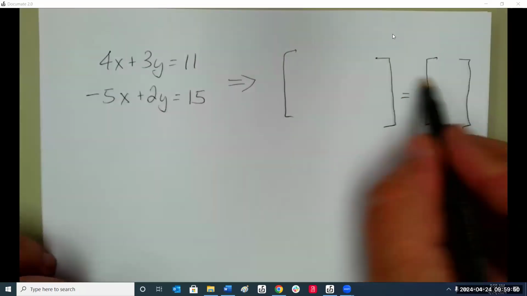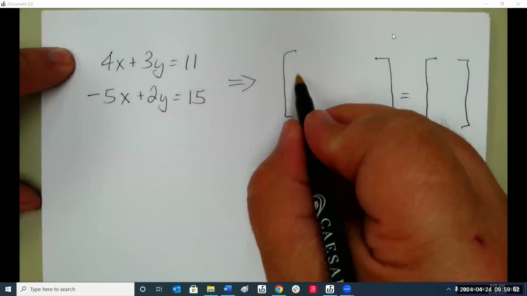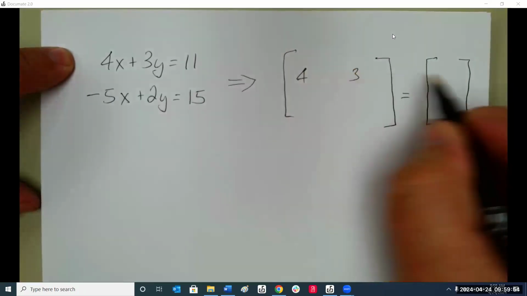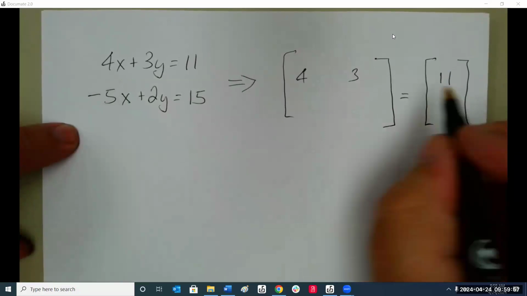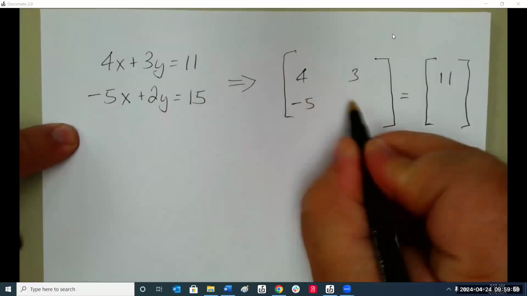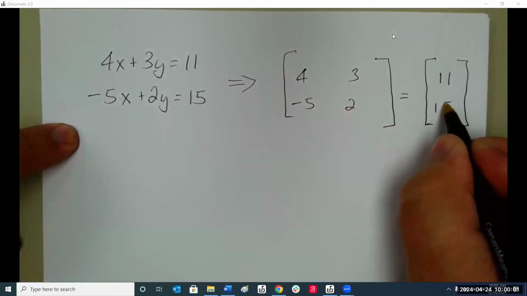So what goes in my first row on my matrix? 4 and 3, and the answer 11. Then, very good.